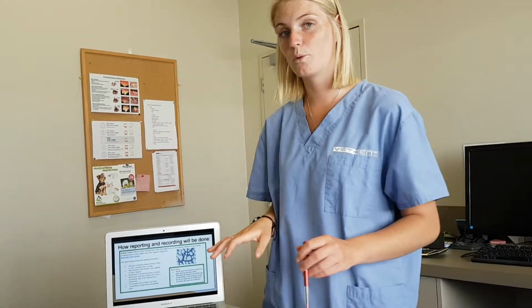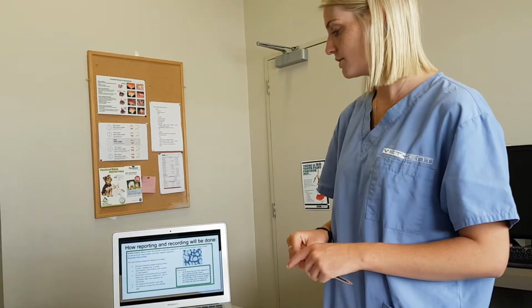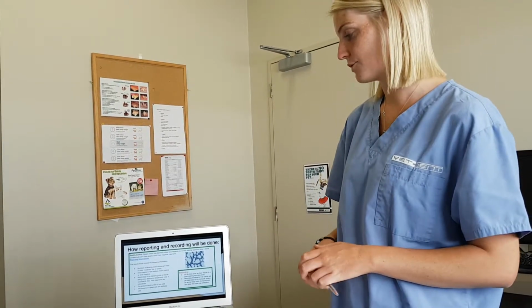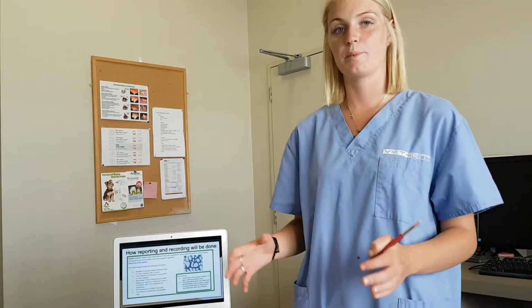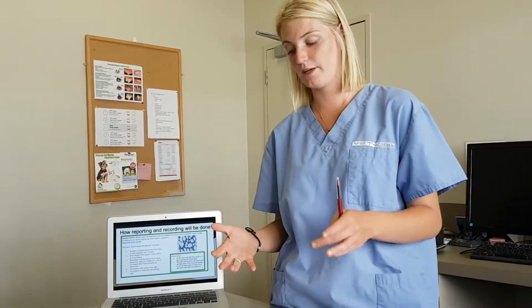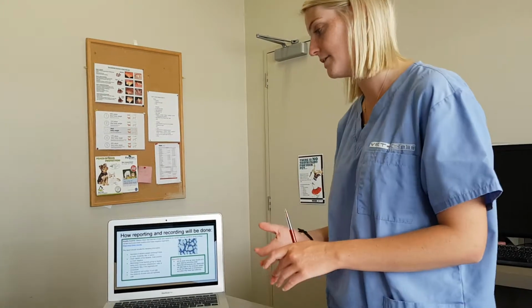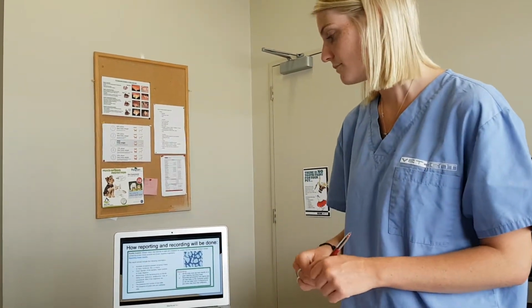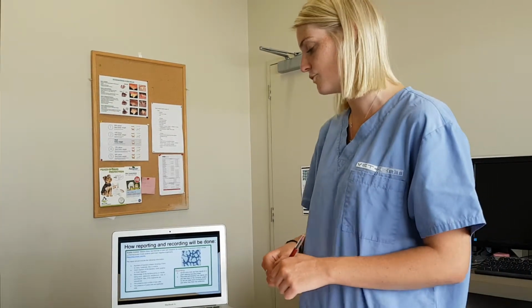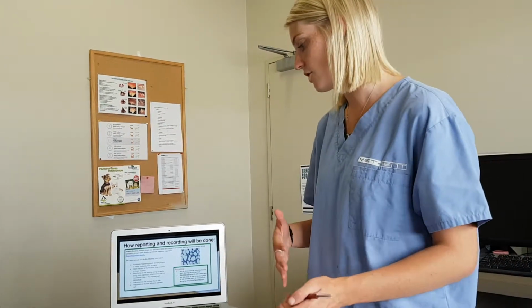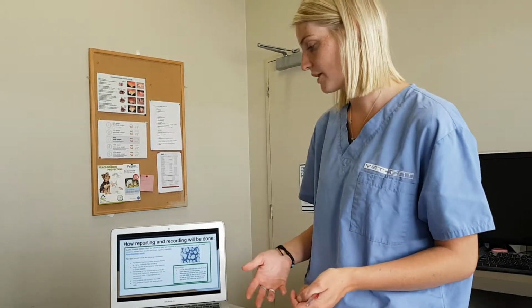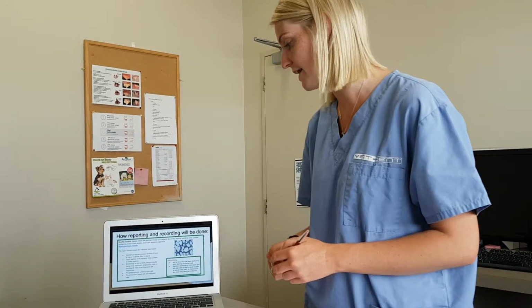So about the reporting and recording, how this will be done. With reporting, just on a piece of paper, we'd have a printout with whether it be gram-positive, gram-negative, numbers of bacteria, things like that, what you see, the morphology, whether it be the cocci, the rods, just things like that, what organism they are.